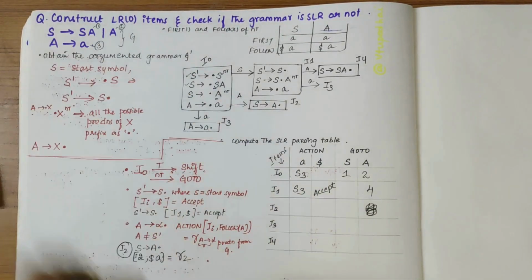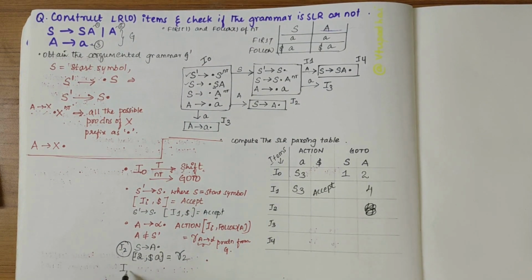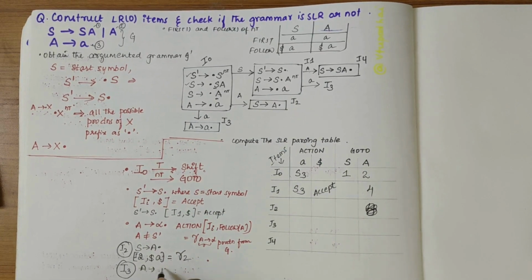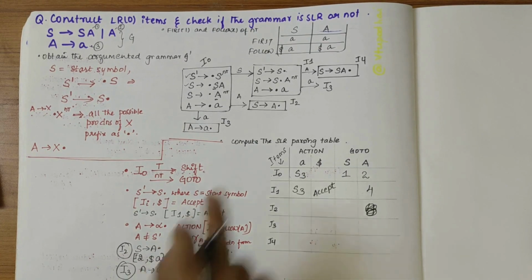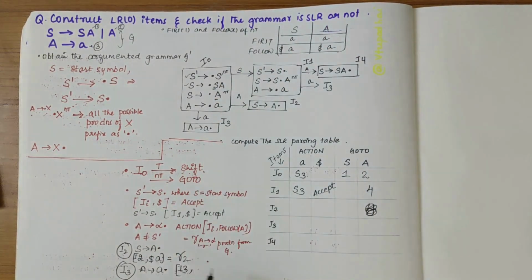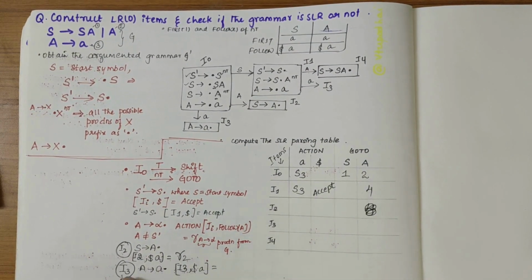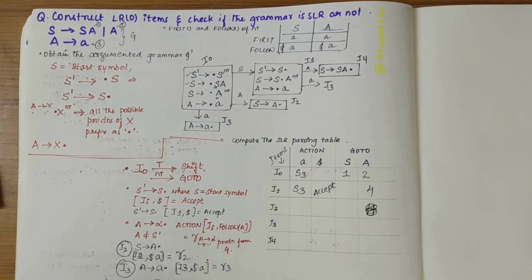So it will be R2 here. Next, moving on to I3, I have A derives small a dot. So here it would be I3, comma, follow of A. Follow of A, I have dollar and A, is equal to A derives small a. A derives small a is the third production, right? So I'll write R3 here.